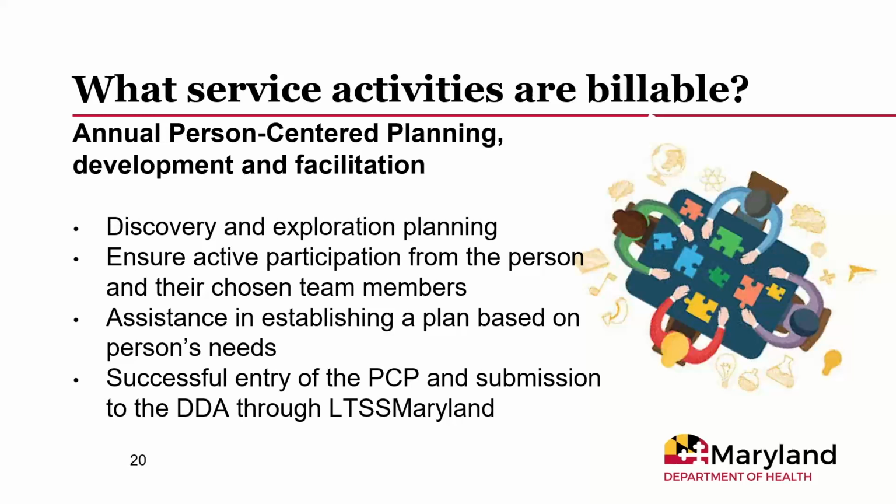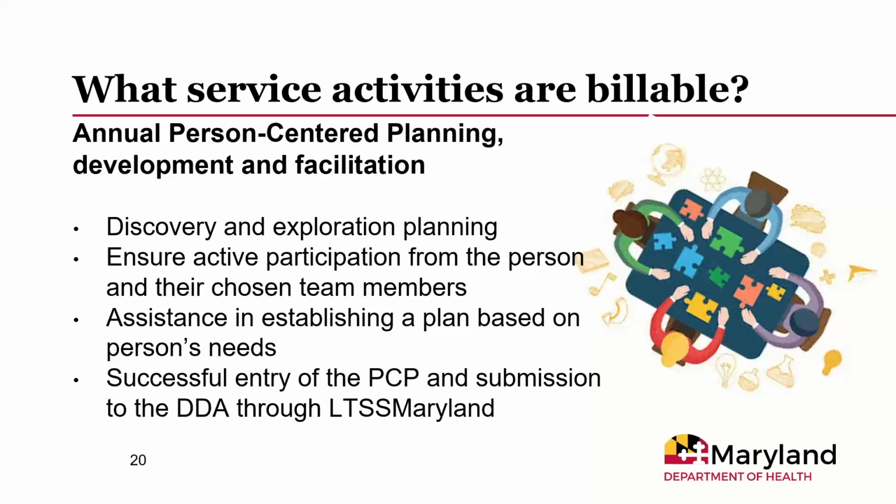The facilitation of the person-centered plan is one of the most important responsibilities the CCS holds. Many of the CCS's activities center around planning, collecting information, and supporting the person in developing this plan for their life. There are several key development stages of the PCP.